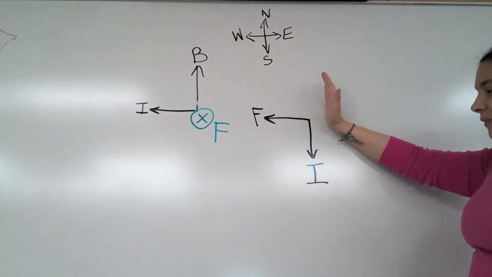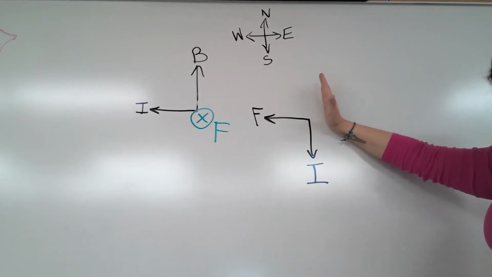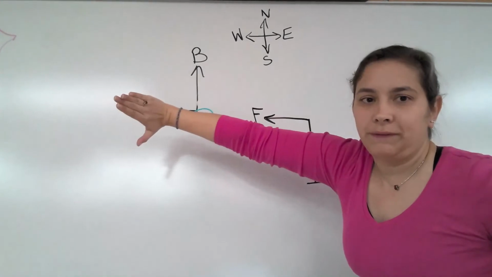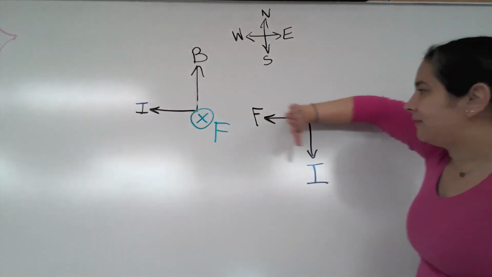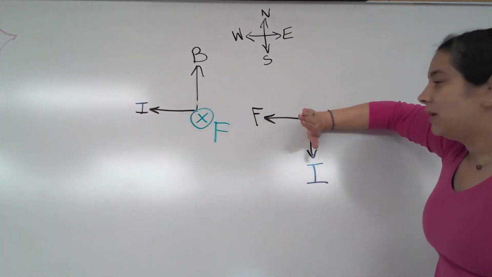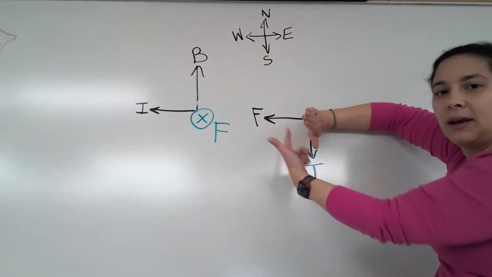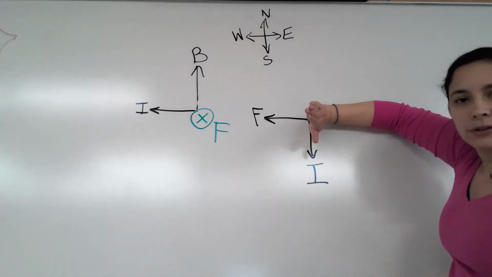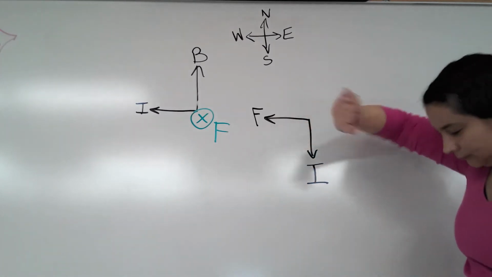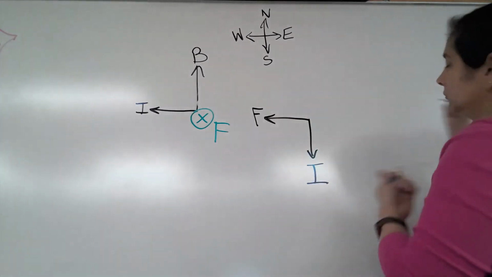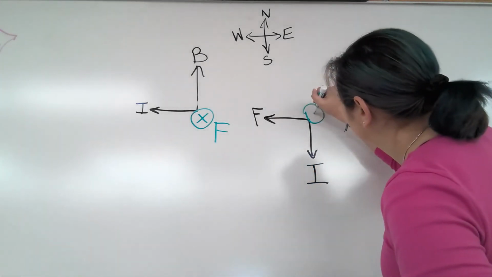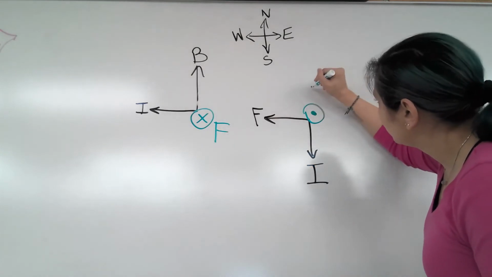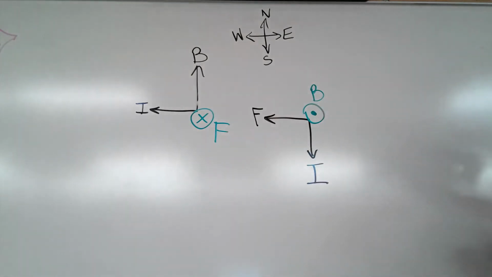Current, I need to go down. Whoosh. And so which way are my fingers going? My fingers are coming out of the board. So out of the board. The symbol for out is a dot. There we go.